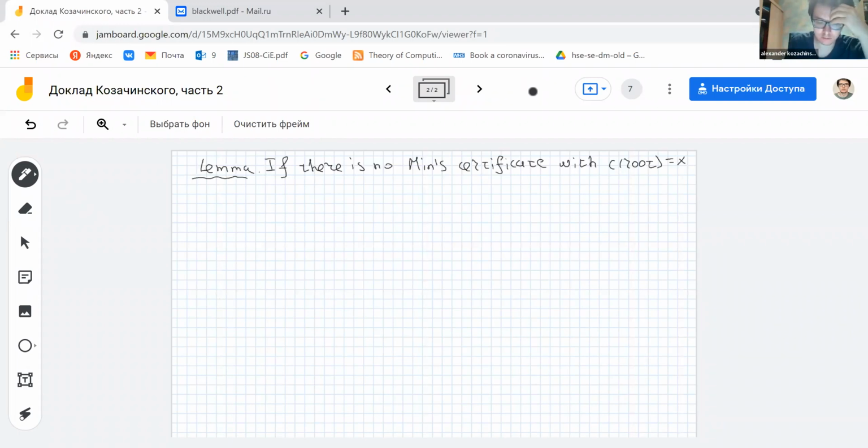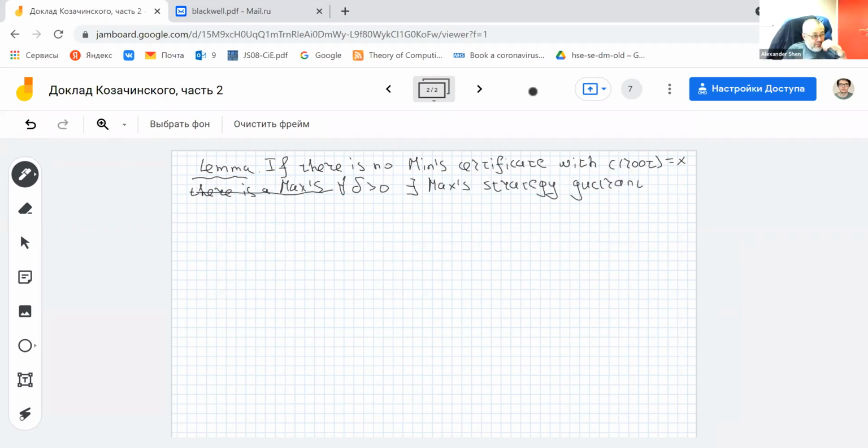So what the lemma says is that if there's no min certificate where the value of the certificate is x on the root, then there is a max strategy. For any delta greater than 0, there is a max strategy guaranteeing x minus delta.